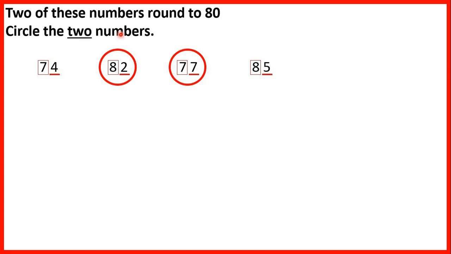So our 2 numbers are 82 and 77. Notice 82 is closer to 80 than it is to 90, and 77 is closer to 80 than to 70, so that's why both of these numbers round to 80.